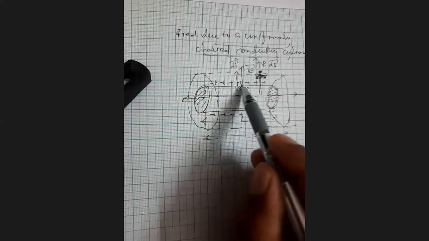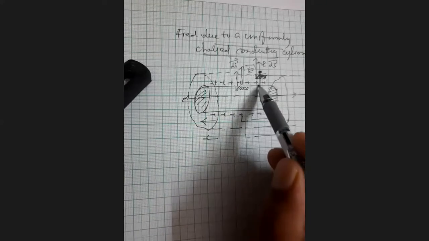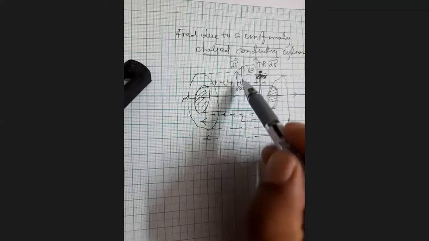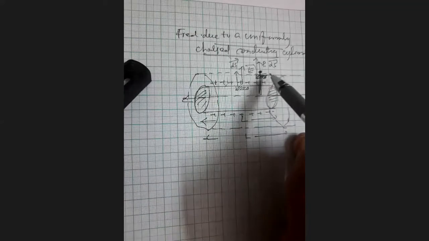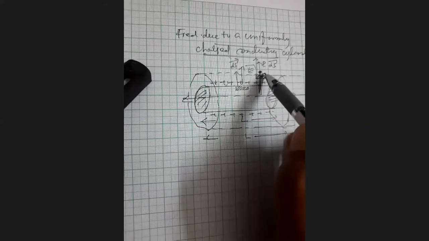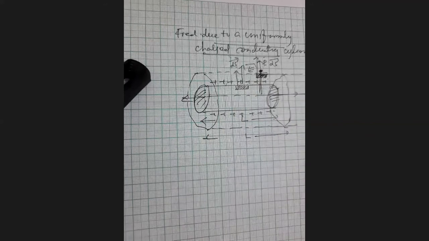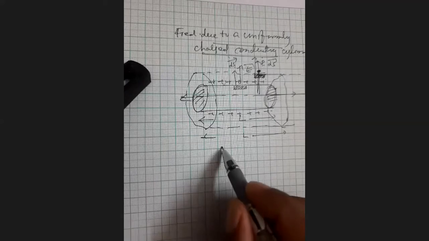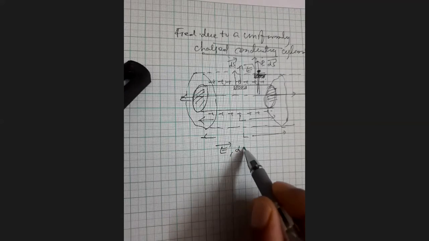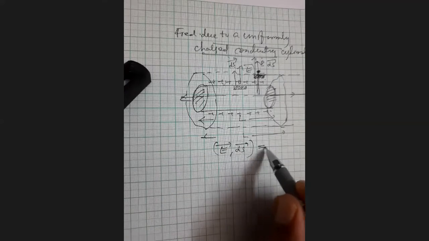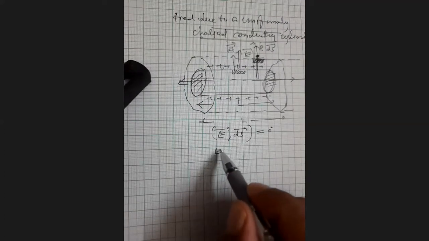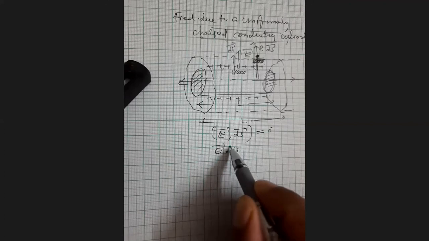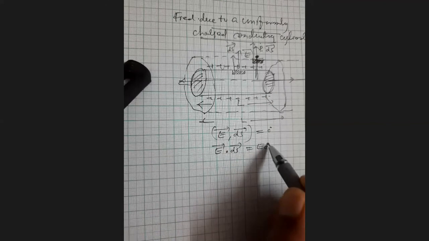Here also, for the outside Gaussian surface, E and dS are parallel. The angle between E and dS is 0. Hence, the flux through that area element, E dot dS, equals E dS.